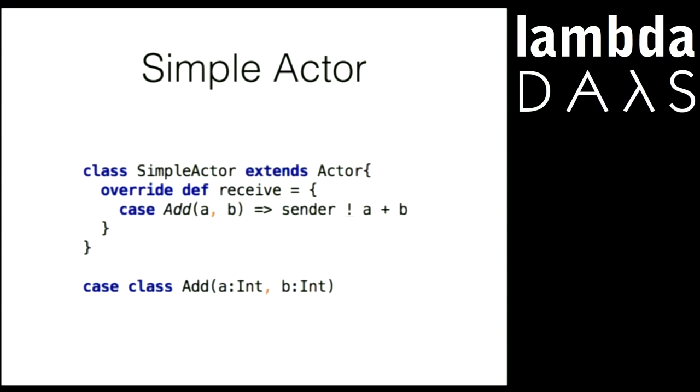What would an actor look like? An actor in Akka just needs to implement the actor trait, and it needs to provide a receive method, which returns a partial function. And this partial function defines how the actor reacts to messages. So our simple actor extracts A and B from the message, adds them, and then sends the response back.